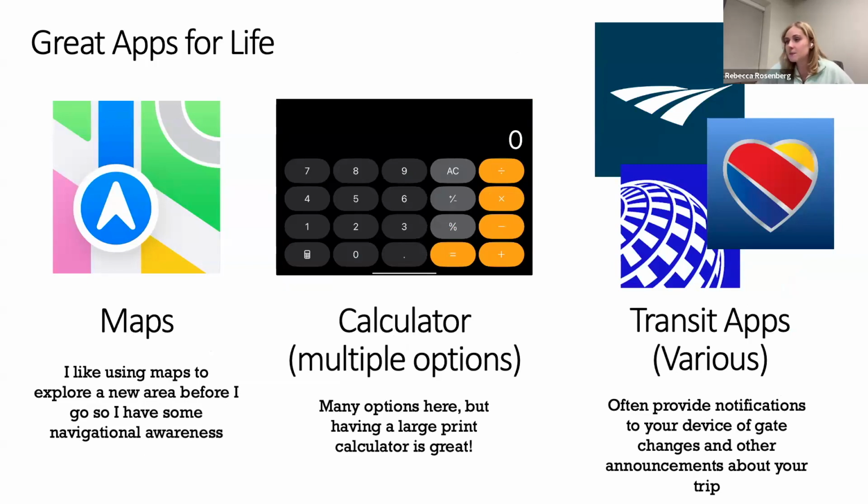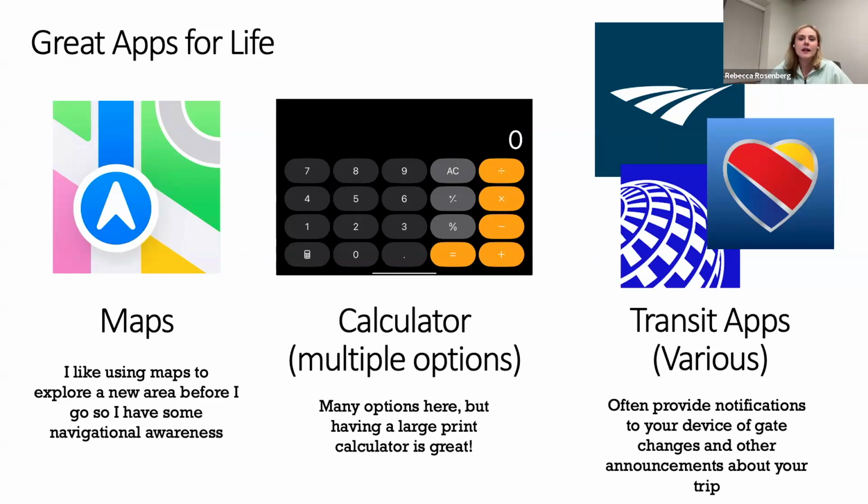But a couple things specifically on an iPad that I really like is Maps. I do a ton of traveling for work, and I like to use Maps on my much larger iPad screen versus my phone to look around at where I'm going to be staying, what might be around there, so I know where can I walk for lunch, and is there a CVS nearby, and what kind of area am I going to be in.